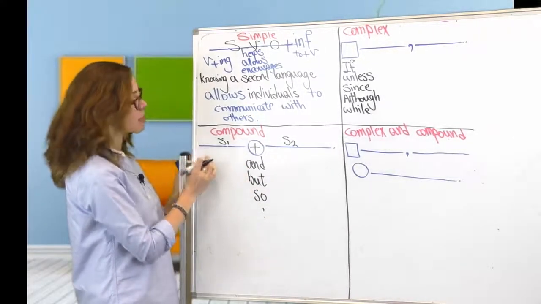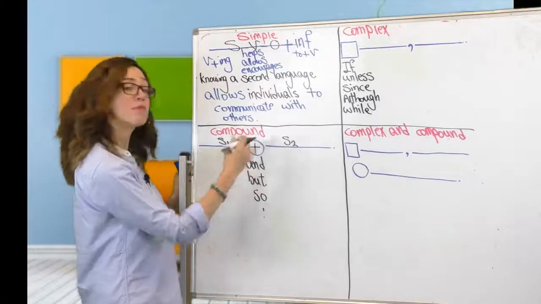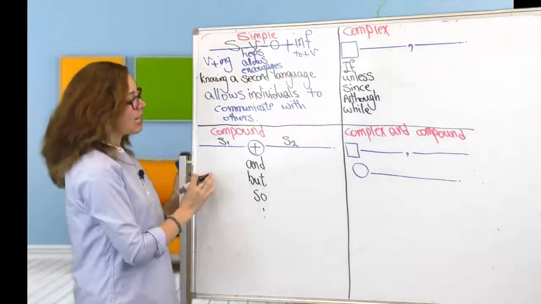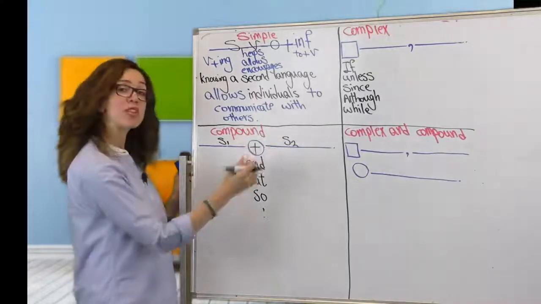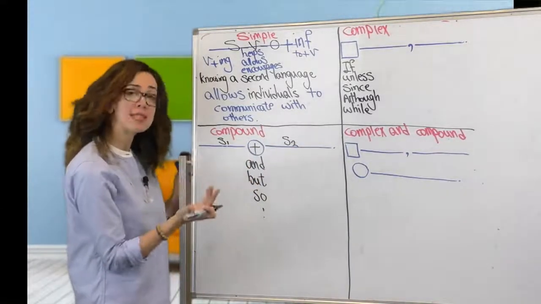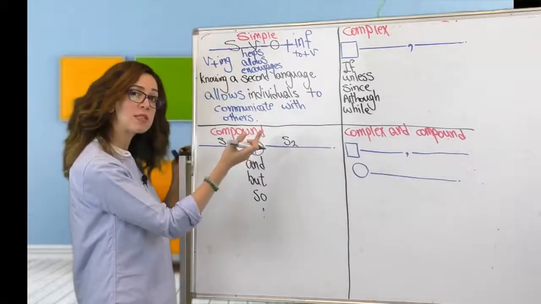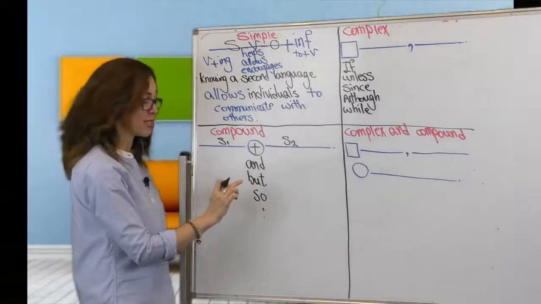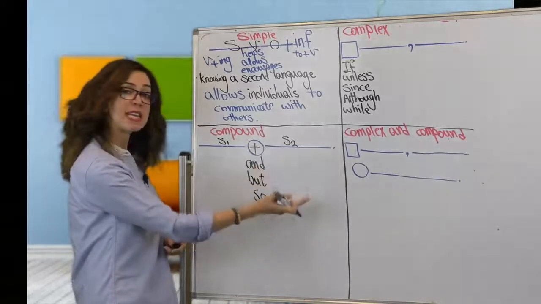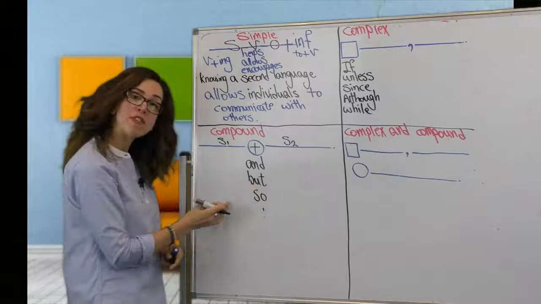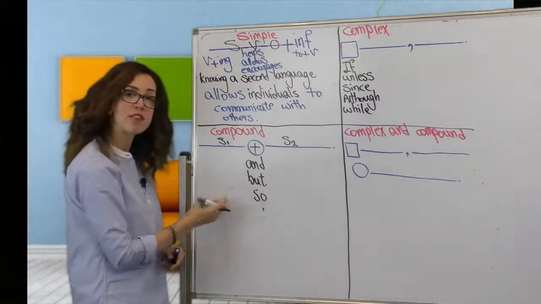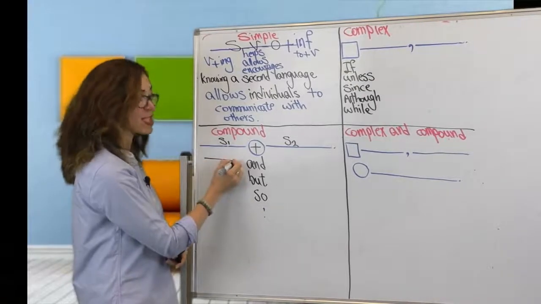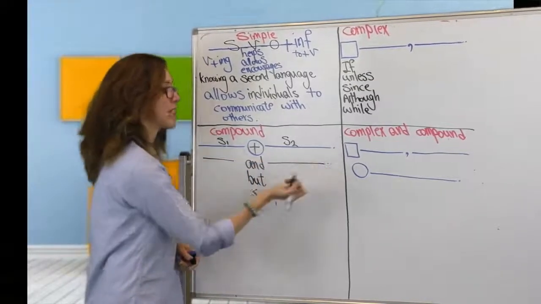So it helps people communicate and mention another benefit of learning a second language. However, if the second information that you're adding is of a contrasting nature, different, opposite, you would use but between the two sentences. If the second information is the conclusion of the first sentence, the result of the first sentence, you can use so.